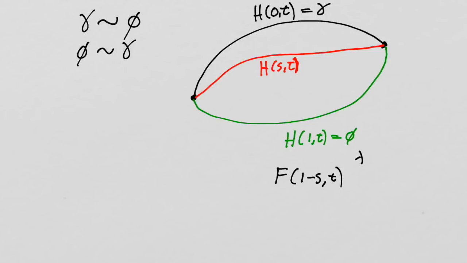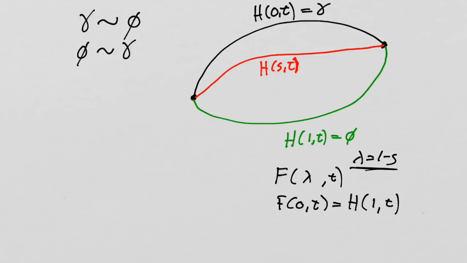So I say lambda equals 1 minus s, and then I create f of lambda and t, right? And now f of 0 of t is really the same thing as h of 1 of t, right?